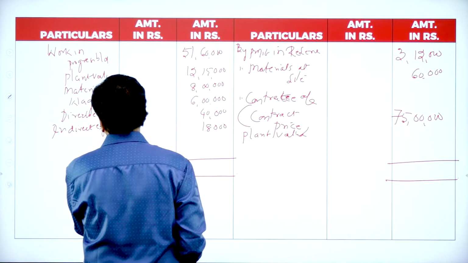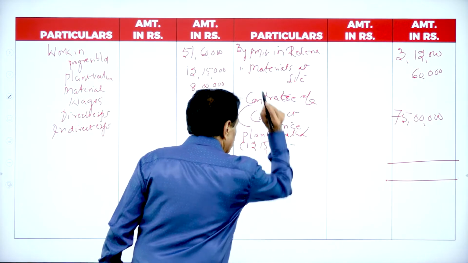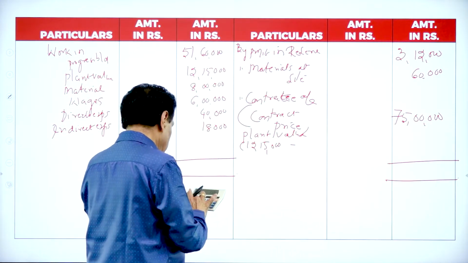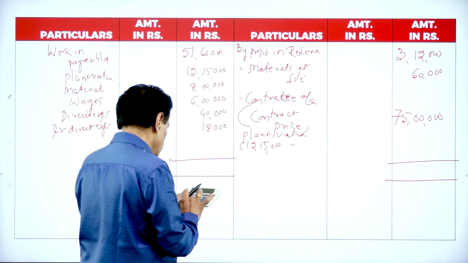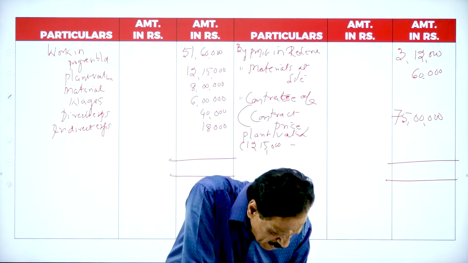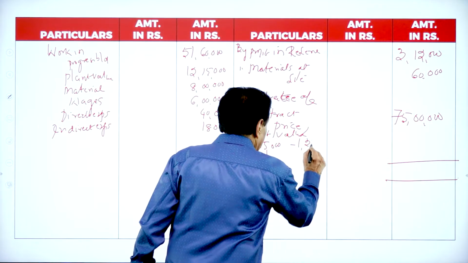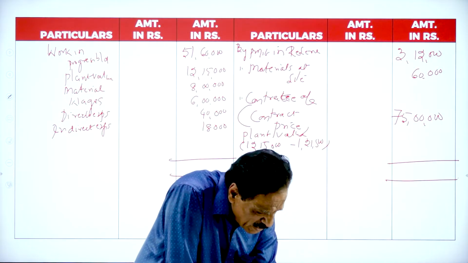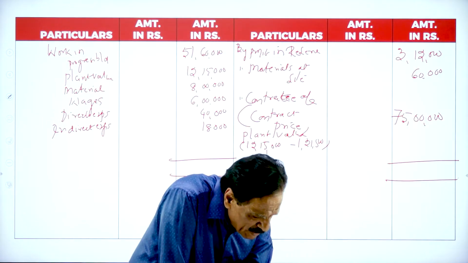What's your plant value here? 12,15,000 minus 10% of this. 12,15,000 minus 1,21,500. If you deduct now, it will come 10,93,500.